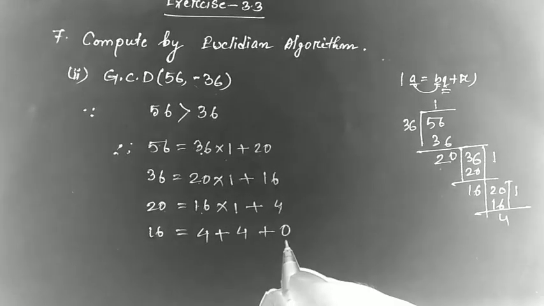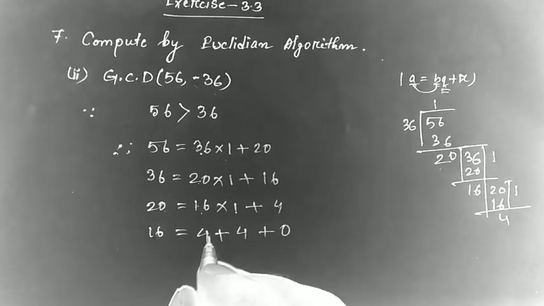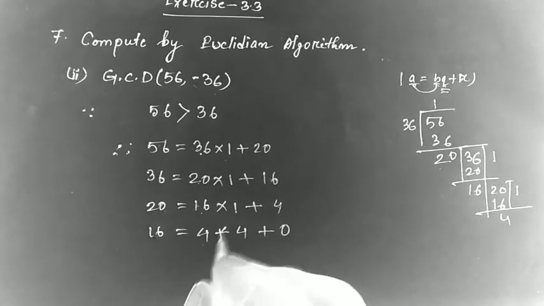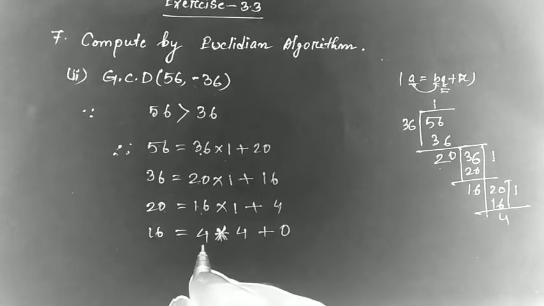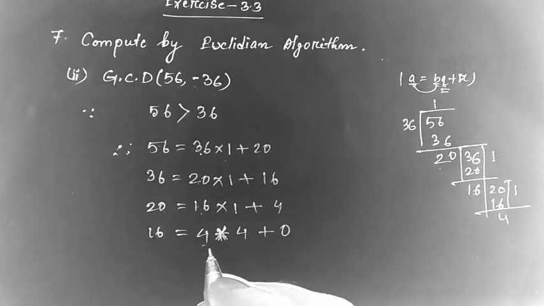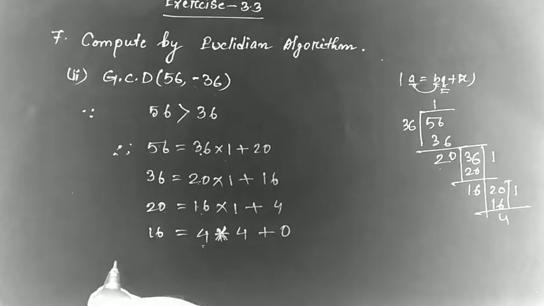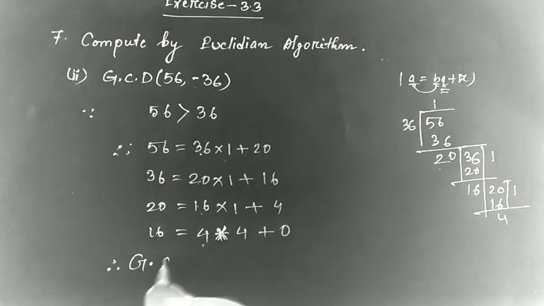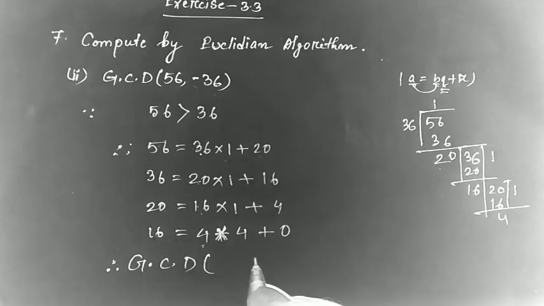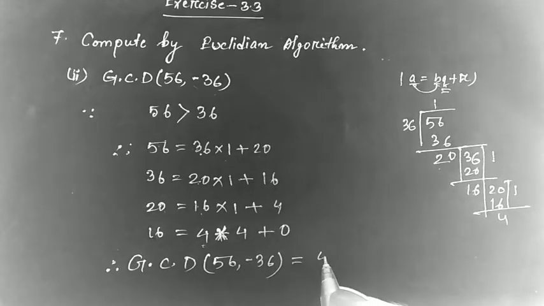When we get the remainder 0, then this value B will be the GCD. Therefore we write in the final line, GCD of 56 and minus 36 is equal to 4.